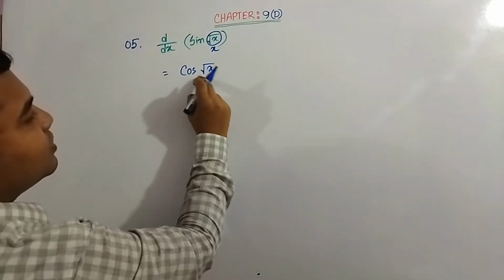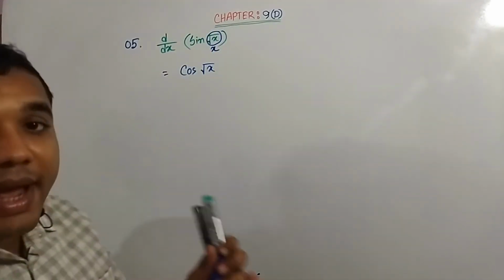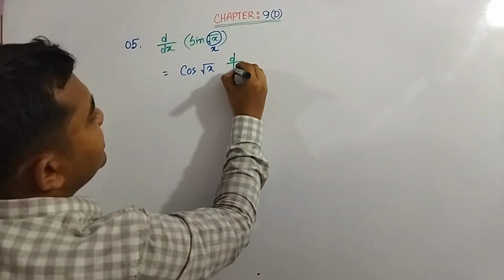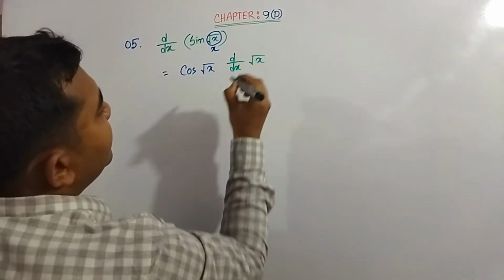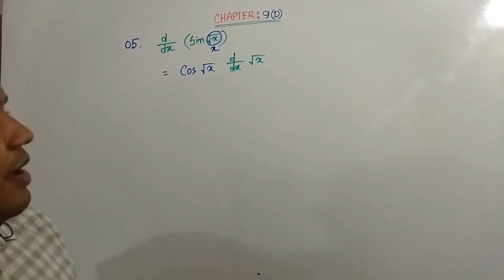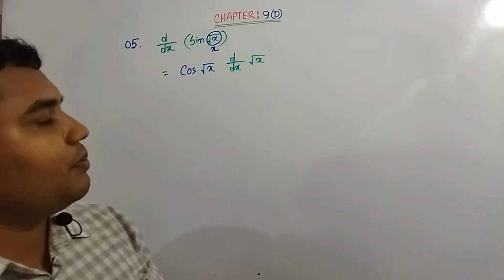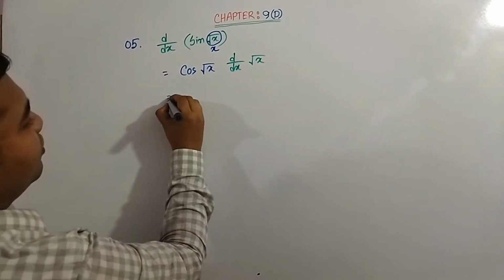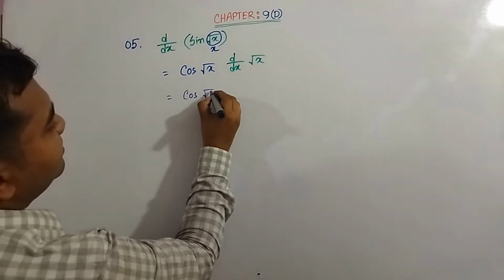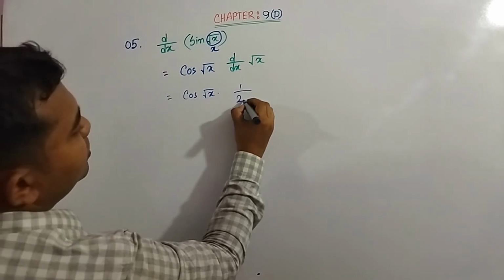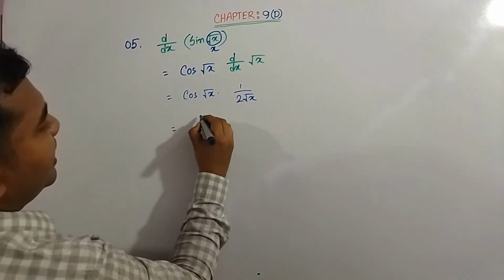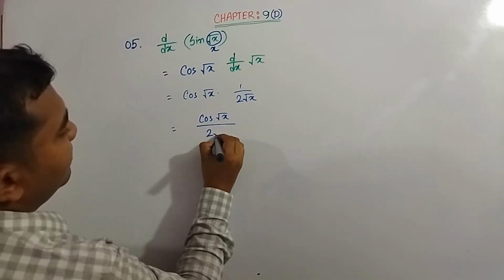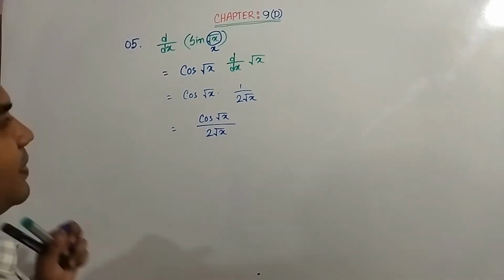But since root x was considered as x, we have to differentiate this assumed part again. We know that the differentiation of root over x is exactly 1 by 2 root over x. Then we can write cos of root over x divided by 2 into root over x.